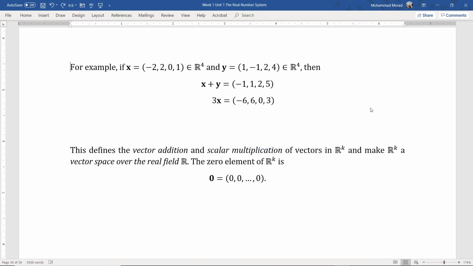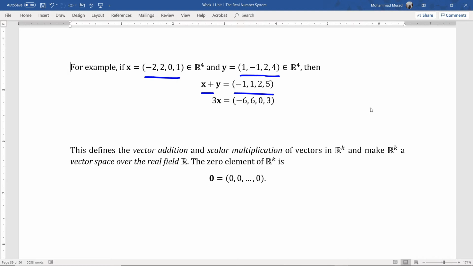For example, if x is a vector with coordinates -2, 2, 0, 1 from R4 space, and y is a vector with coordinates as shown from R4 space, then the sum is a vector with coordinates -1, 1, 2, 5.